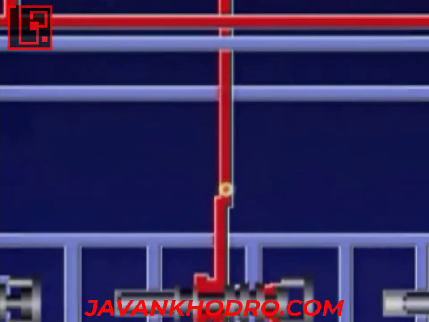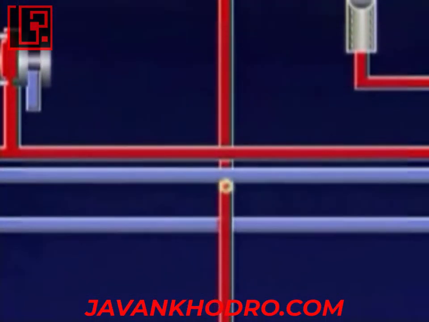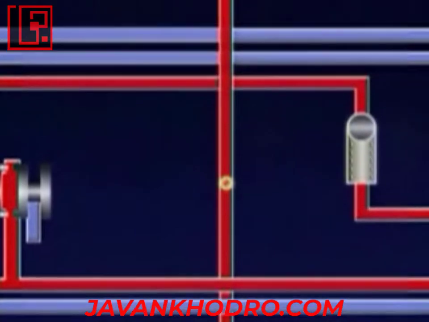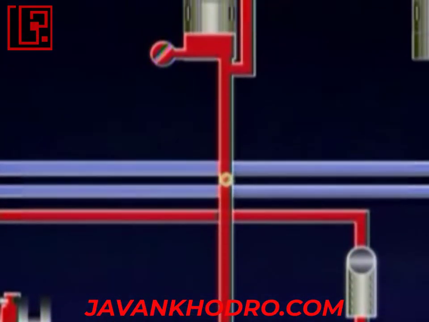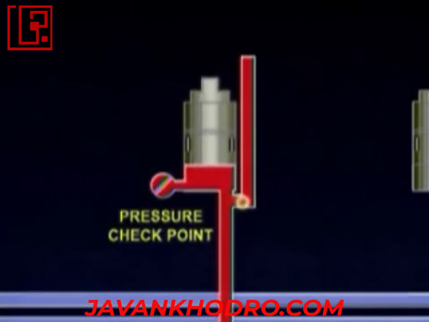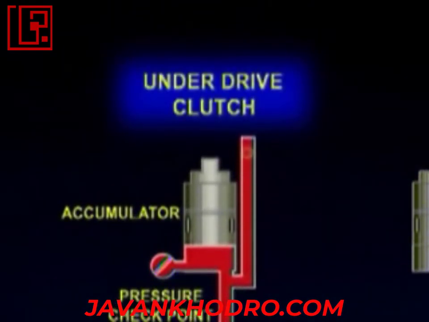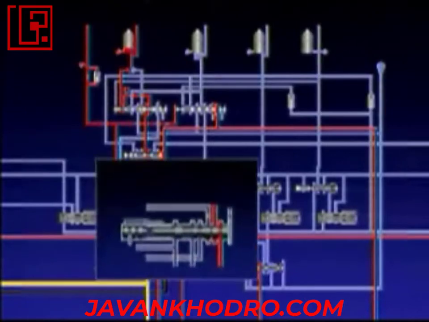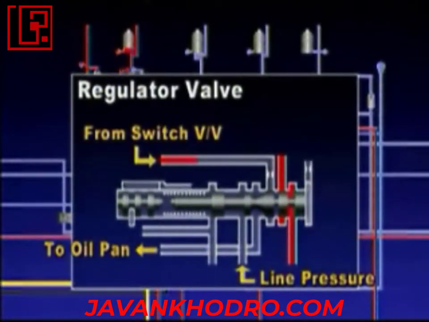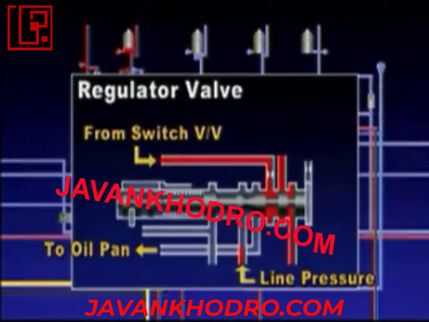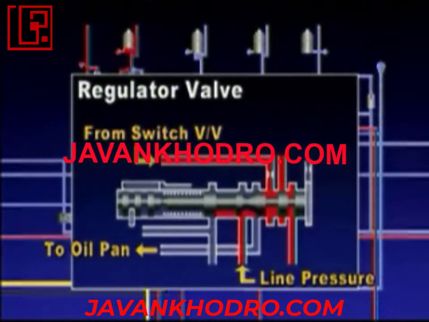Then it passes through the underdrive accumulator without passing fail-safe valve and goes to underdrive clutch directly. Since variable line pressure is applied according to the gear position, oil pressure to the underdrive clutch is always adjusted by regulator valve operation.